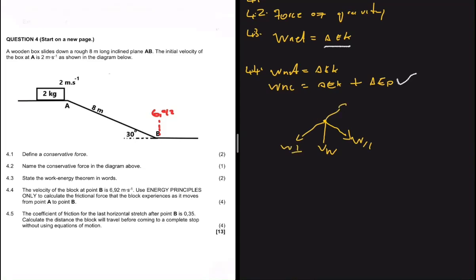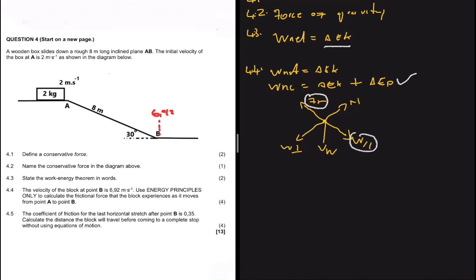And then we have the normal force, and we have the frictional force, right? So if you look at the forces acting parallel to the surface, we have the frictional force and weight parallel, right?